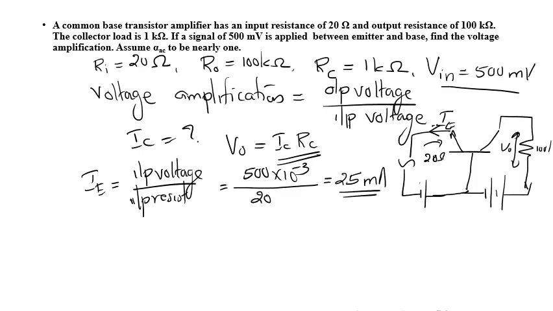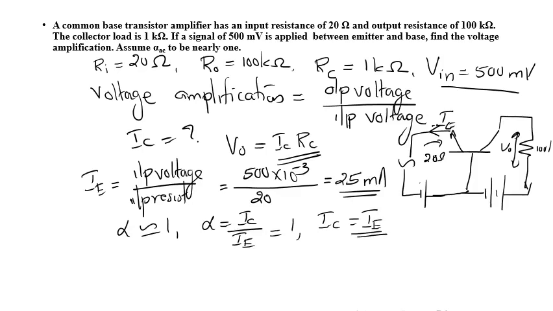We found the value of IE. Now, we know alpha is almost equal to 1, which means alpha equal to IC by IE is 1, so IC equals IE. We can assume IC equals IE.